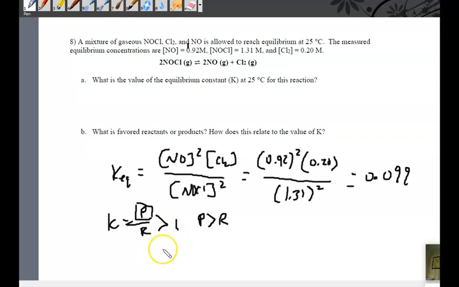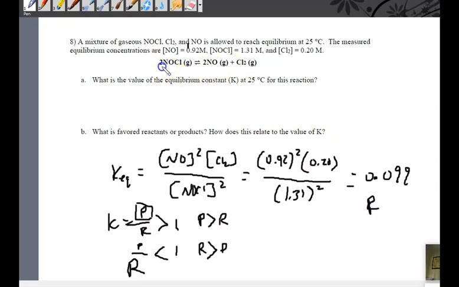If this is less than 1, that means my reactants are greater than my products. That means that the denominator is a bigger number. So that means R is really big and the product side is very small. That would give me a less than 1 value. So that would imply that the reactant side is favored. So since this is way less than 1, I mean this is 0.1, that means that the reactants are favored.